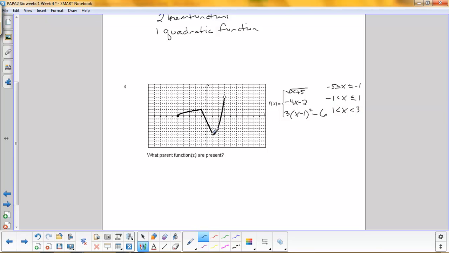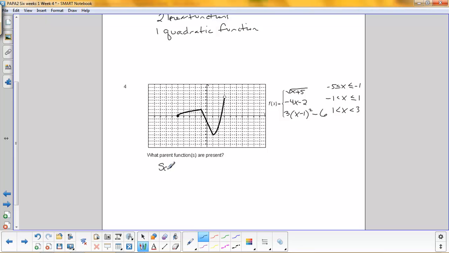Now, if there is no designation and it is not clear, as long as you keep these two consistent or opposite of each other, you will never go wrong. So, if you wanted to make the less than or equal to occur on this interval, you would not be counted incorrect, as long as this one then was only less than. Okay, so keep that in mind as you're working.